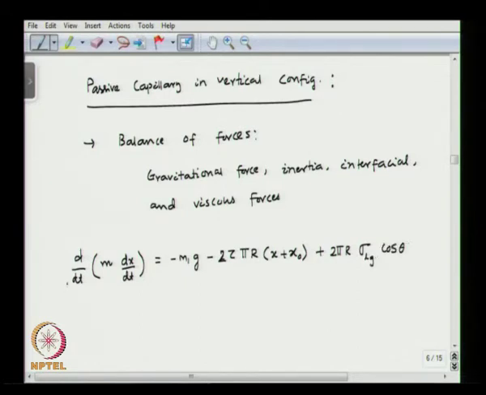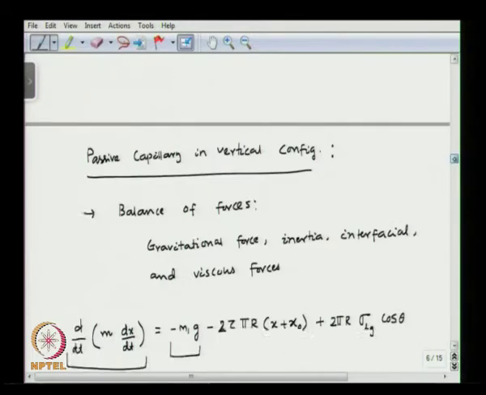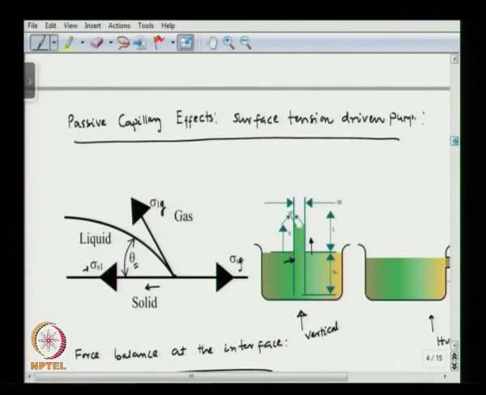So this is the inertia force. This is nothing but mass into acceleration, and as mass is changing with time, we have d by dt outside the bracket. This one is the gravitational force, m1 into g, where m1 is the mass of the liquid column above the outside liquid surface. So anything above this line, this mass will be m1.